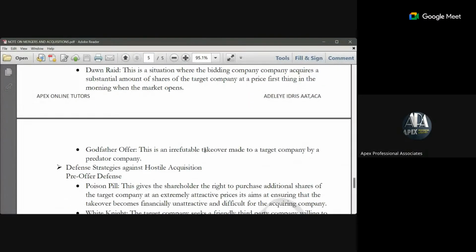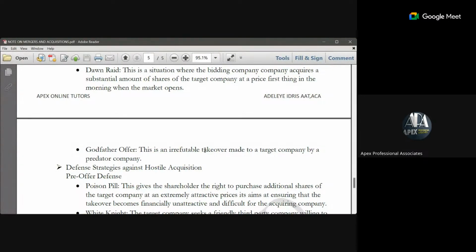We also have the Godfather offer. This is an irrefutable takeover offer made to a target company by a predator company. Here, the predator company can say, okay, you have maybe 10%, but if you allow us to do this takeover or this merger or this acquisition successfully, we would offer you 30%.